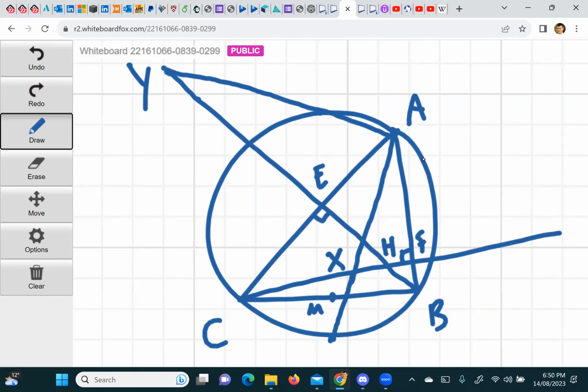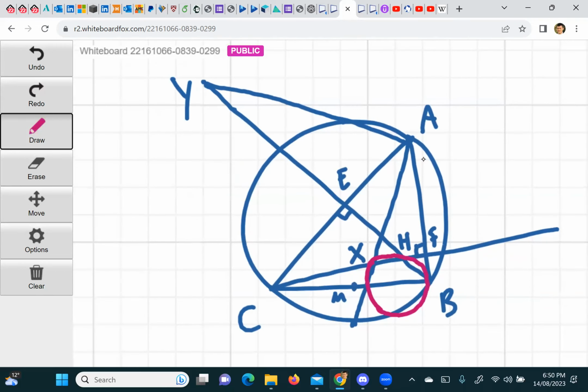So the question says if you have a circle that goes through BHX, and another circle that goes through HCY, how do I draw a circle through HCY?